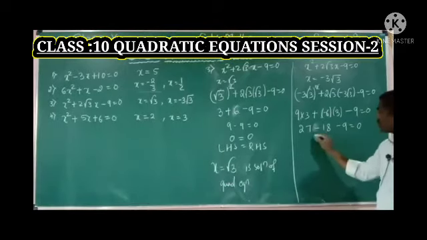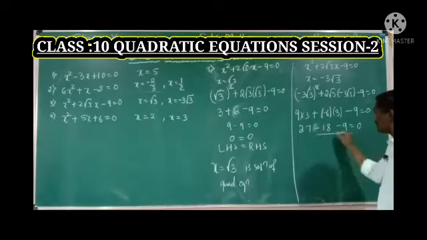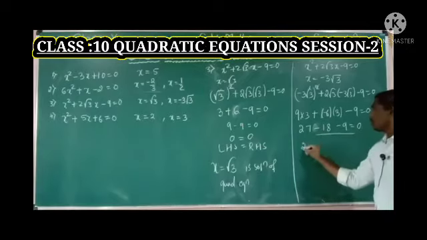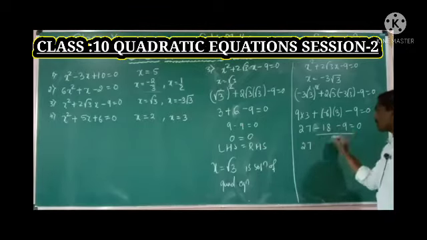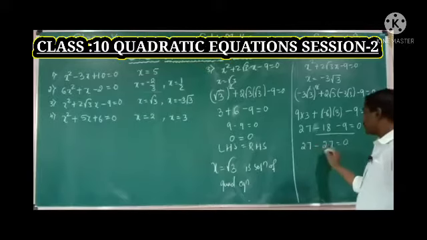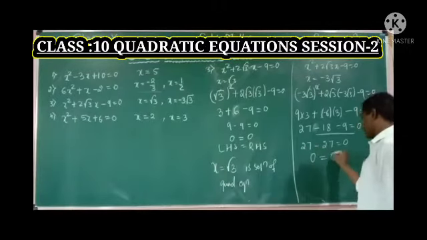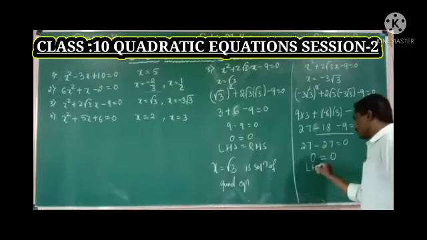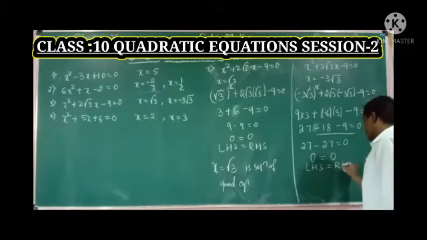Now first add these two negative values. 27 minus 18 minus 9 minus 27 is equal to 0. Plus 27 minus 27 get cancelled, remaining 0. Therefore LHS is equal to RHS.